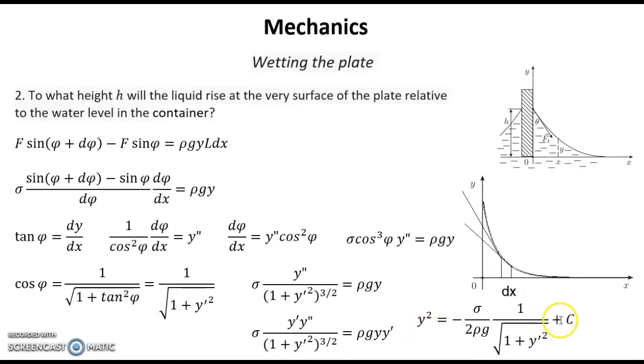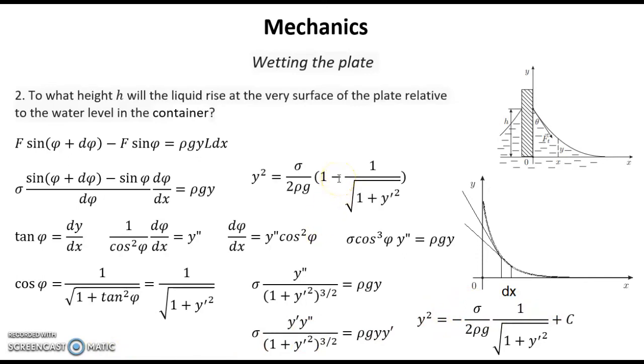This is the result of our integration, and here we have a constant c, which we can find from the knowledge that when we are very far from the y-axis, we have the first derivative going to 0 and the y going to 0. It means that the constant c equals sigma over 2 rho g, and we can rewrite this equation.